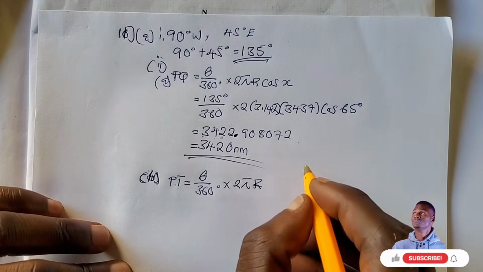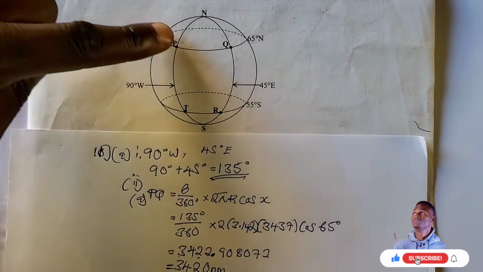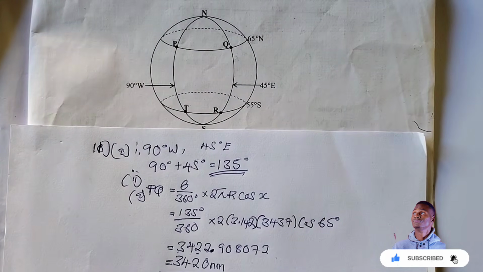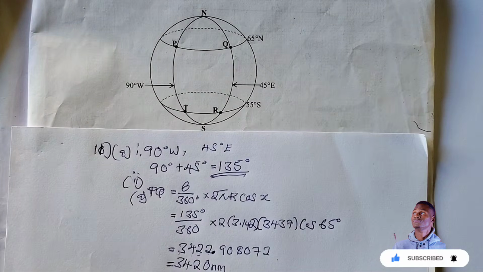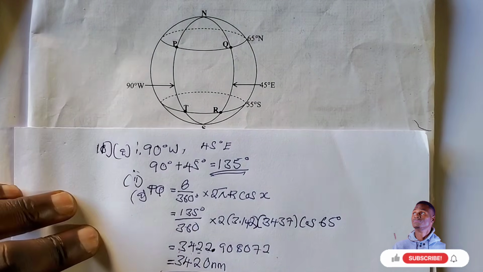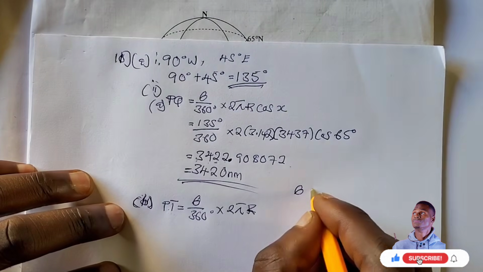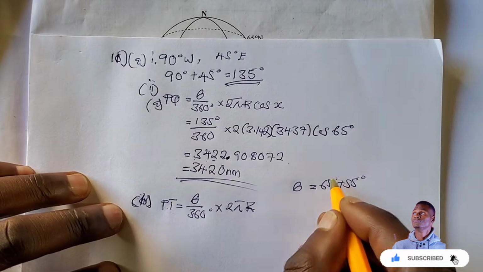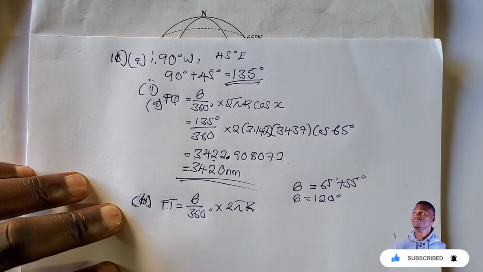Let's find theta first. P is on latitude 65 and T is on 55. The one is on the north and the other is on the south, so you add: 65 plus 55, so theta is 120 degrees.